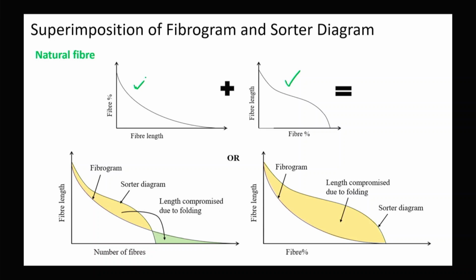And if we superimpose these two, we will get this type of shape. And in this zone we are compromising the length in the fibrogram, and this length compromise is due to the folding of the fiber. Okay. So the shape of the fibrogram and shorter diagram one has to be very clear for analyzing.